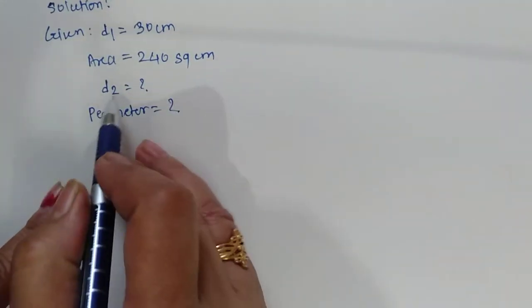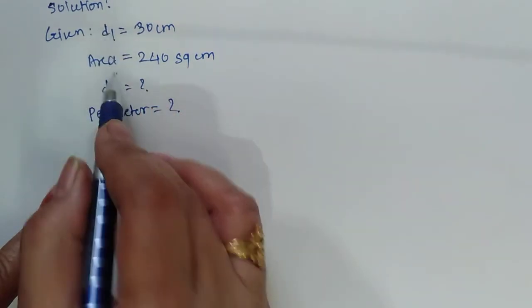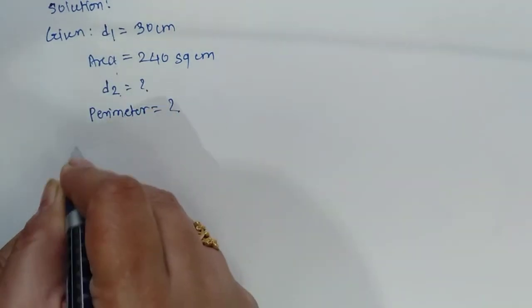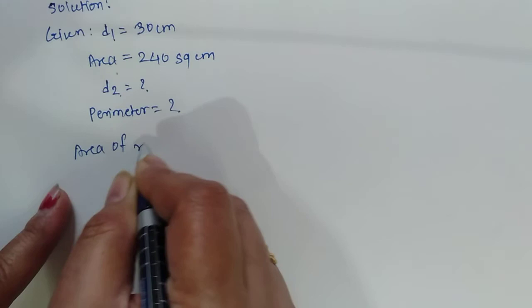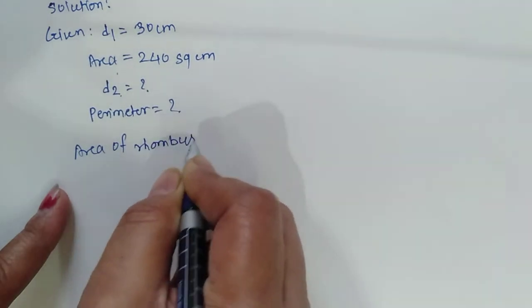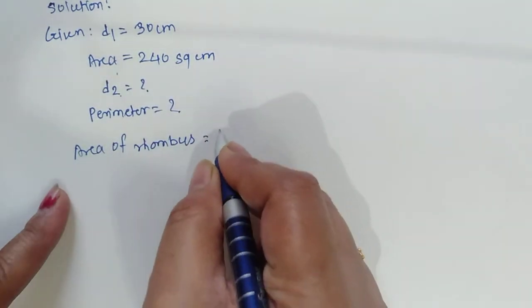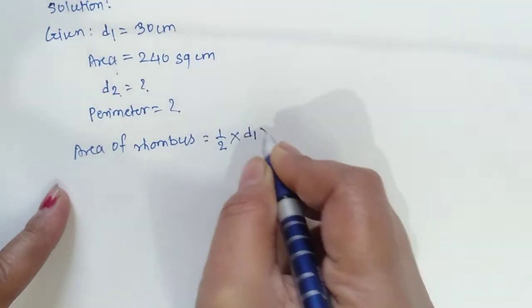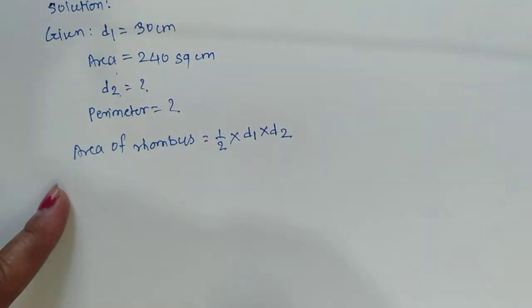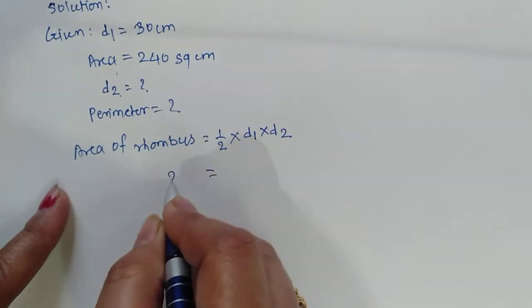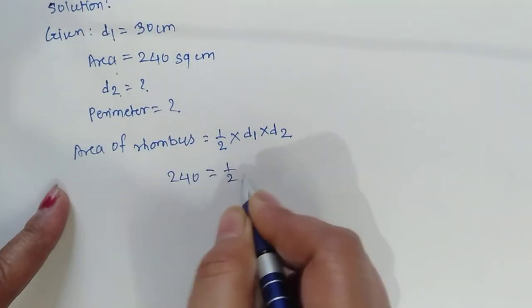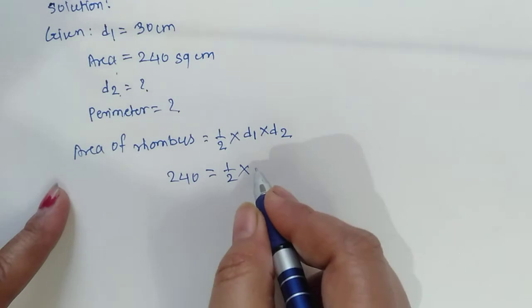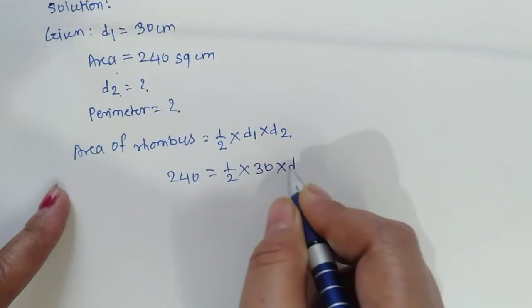So firstly, find out the D2 by using the formula of area. So area of rhombus is equal to half into product of both diagonals, D1 multiplied by D2. So put up the values. 240 is equal to half into D1 is 30 centimeter, D2 as it is.